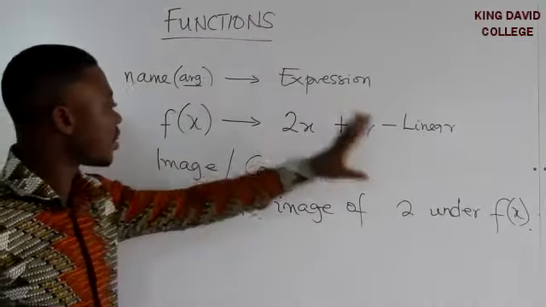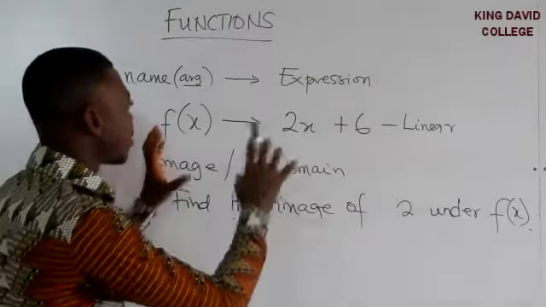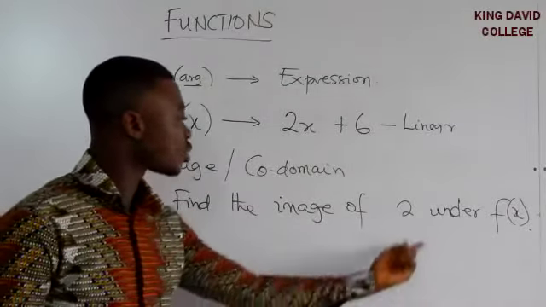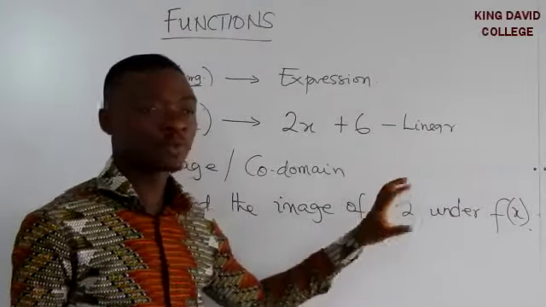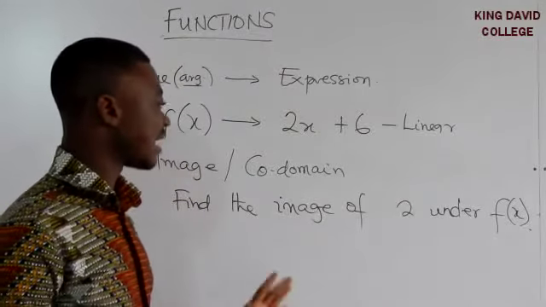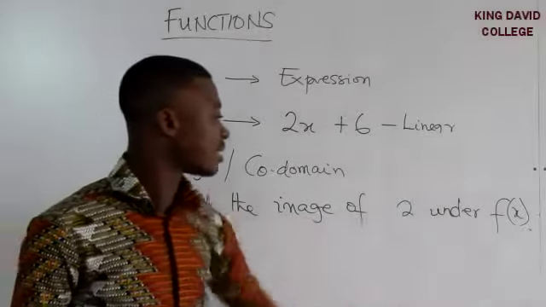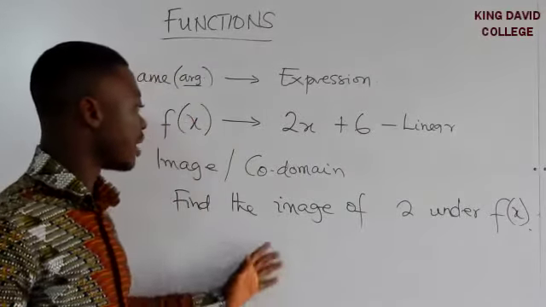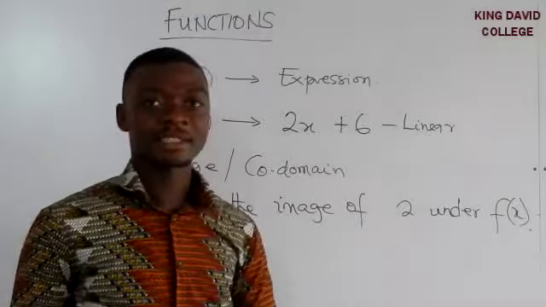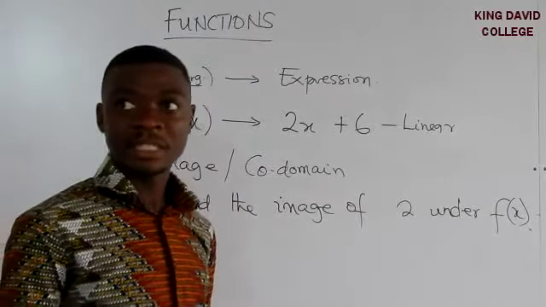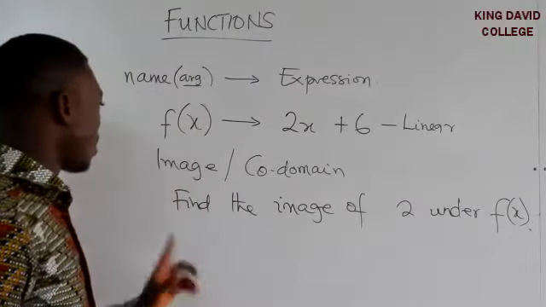So just find the result, or how this function will process, what it will give out if I should supply an input of 2 into this function. That is what the question is saying. So if you don't see image, maybe you might see domain, codomain, right? So it's the same idea. The very same idea.